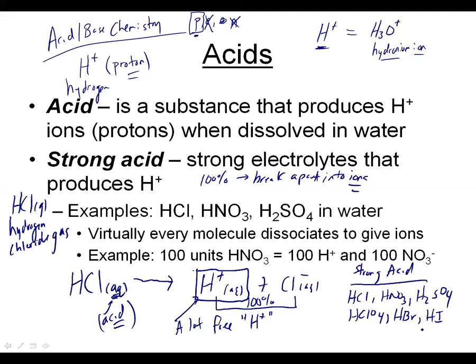All of those acids will essentially 100% break apart into ions when in solution. Sulfuric acid is slightly different because it has 2 H's, but we don't get too much into that. For the most part, all those will 100% in solution produce free H plus, which is the key for something to be an acid. Any questions on that there?